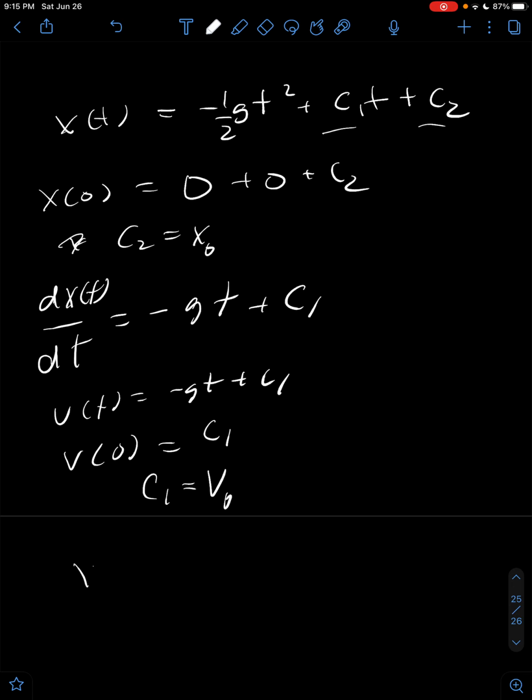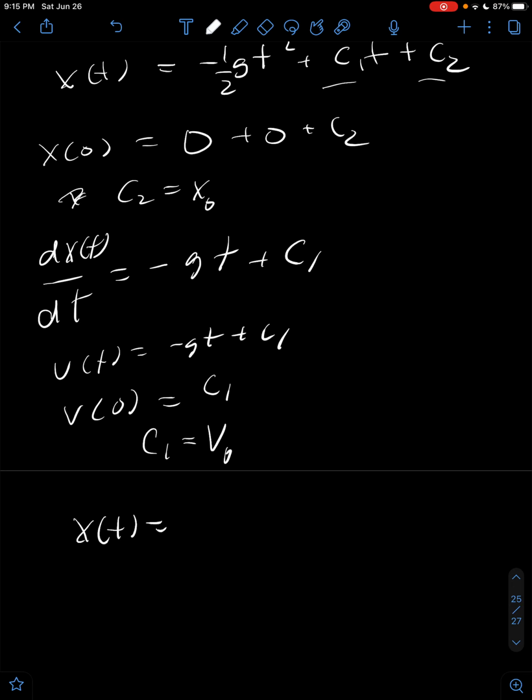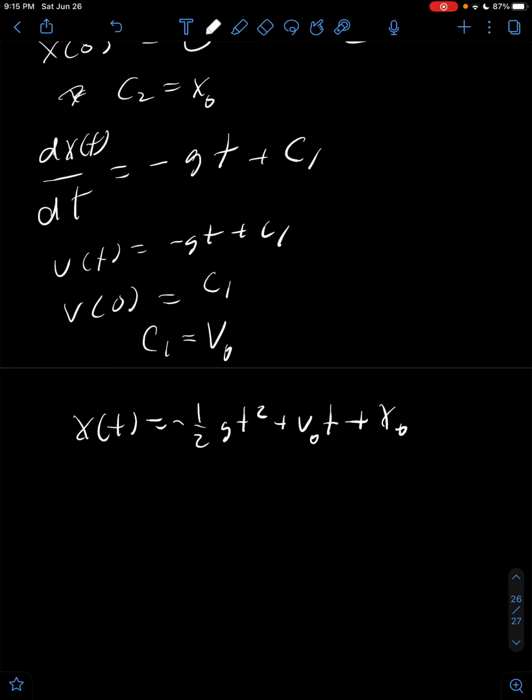Okay, so this means that x of t equals minus 1/2 gt squared plus v naught t plus x naught. This is, of course, a parabolic equation. So yeah, we've just derived x of t with Lagrangian mechanics.